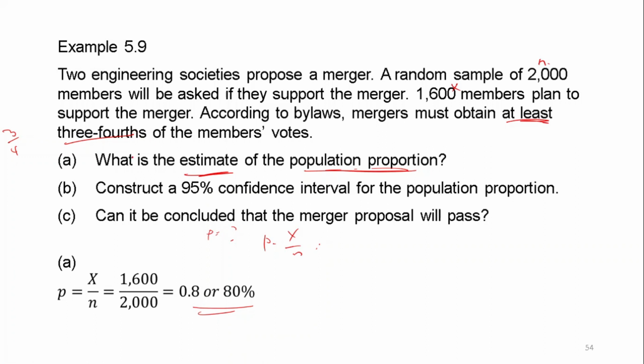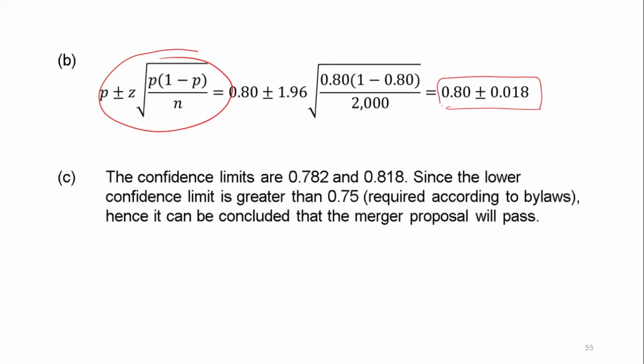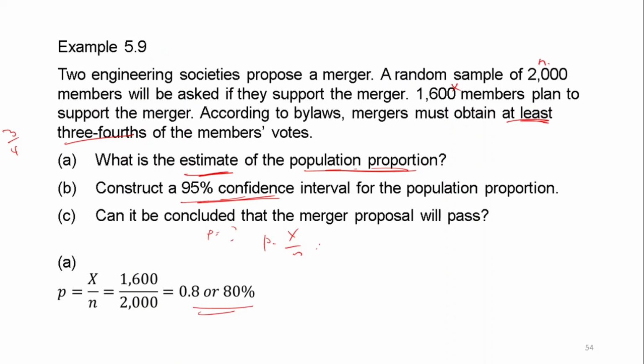And then question B, construct a 95% confidence interval. So just substitute the values. Our Z for 95% is 1.96. P is 0.8, 1 minus 0.8, divided by 2,000. So we get this confidence interval. Question C, can it be concluded that the merger proposal will pass?